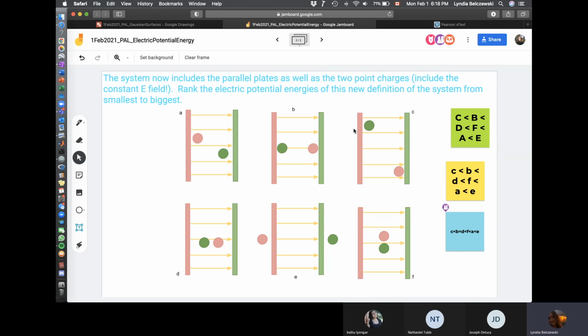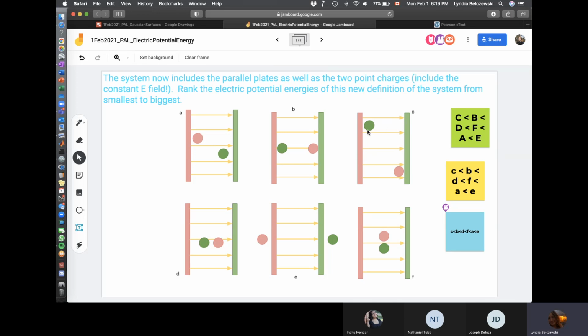So if you were to place these point charges in the capacitor where you see them in system C, and just place these charged particles there and let them go, if the potential energy of this whole system was really low, then they would pretty much just stay there. Or maybe they would have a really small force acting on them and a small acceleration, but they wouldn't move very much. However, the point charges can still interact with each other, and they're going to attract each other, right?